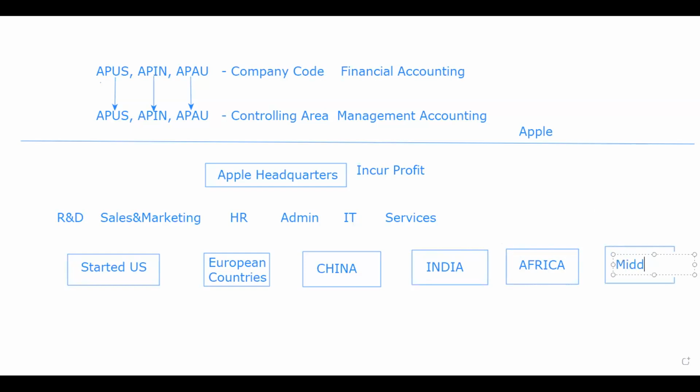Now, the style of doing business will change from country to country. You can't put the same amount of investment or the same price for your Apple product in the US. You can't put the same price of the Apple product in Europe, or in China, or in India, or in Africa, because the import duties will be different.